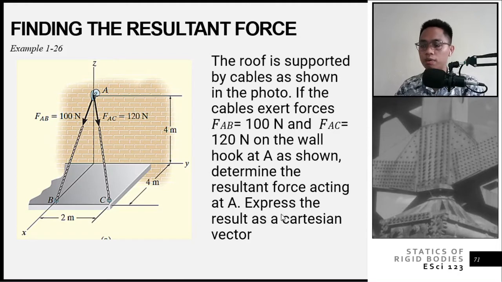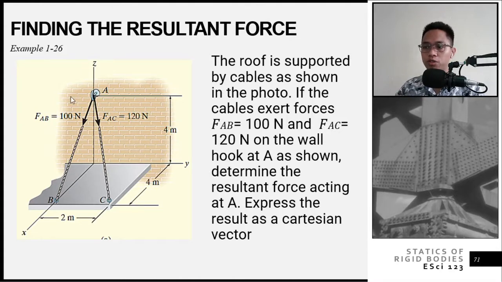So this is the major application of what we have, meaning you are given two magnitudes, but we don't know how to solve it, right? As in the previous problems, it is easier to solve the resultant if it is in component form, right? Based on the previous discussion, it's easier to get the resultant by component form, the summation of x's, summation of y's, and summation of z's, right? So it's easy.